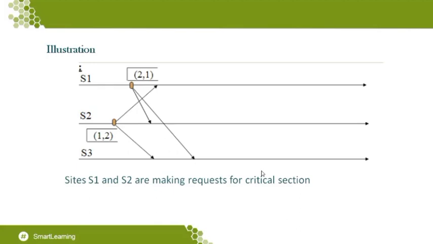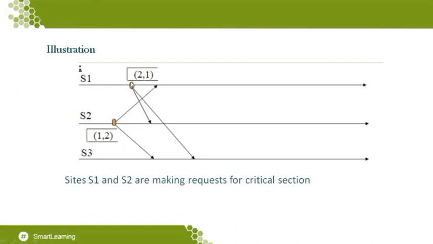The timestamp is 1 here, so (1, 2), where 2 is its identity because it is site 2, and 1 is the timestamp. This is the first message ever to be transferred in this whole communication. This request message reaches both S1 and also S3.